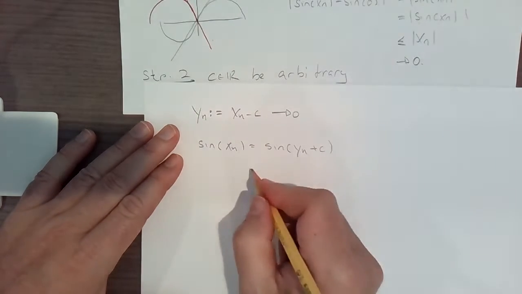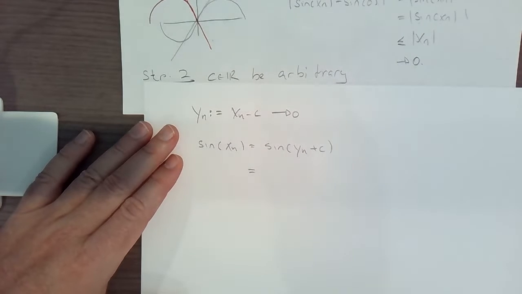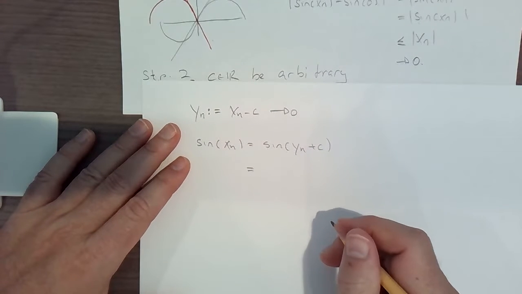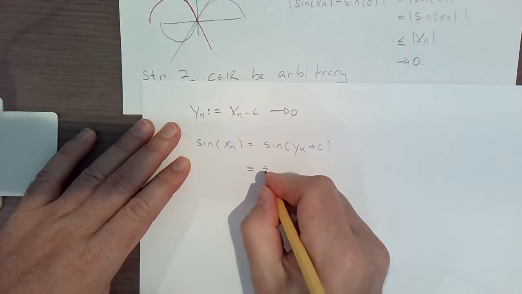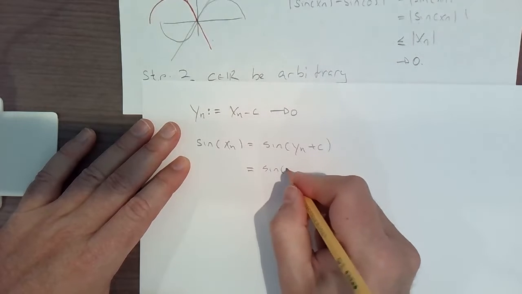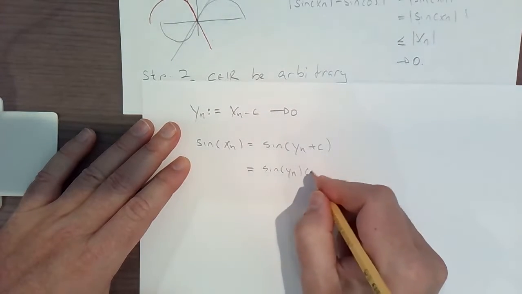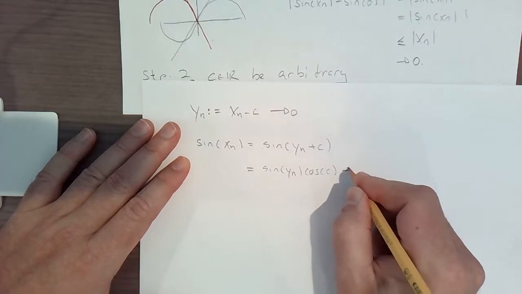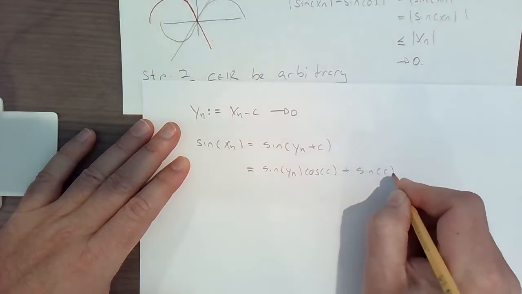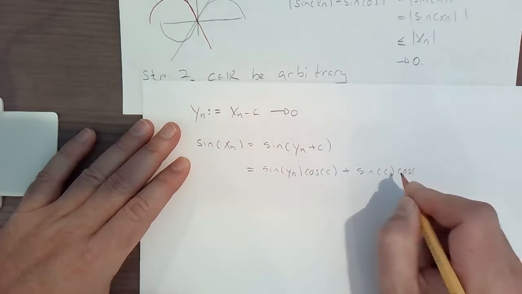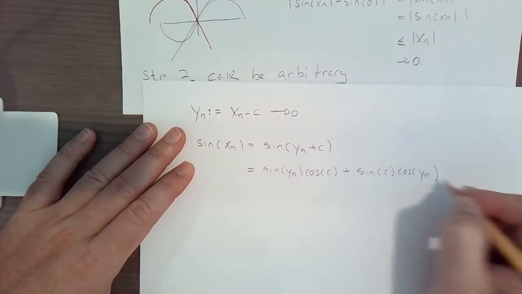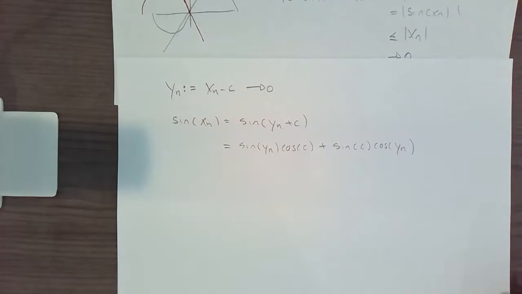And there's a way to express this in terms of cosine. This is sine of yn times cosine of c plus sine of c times cosine of yn. Does that look familiar?